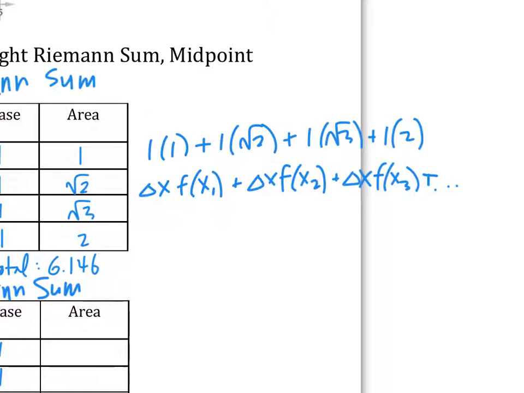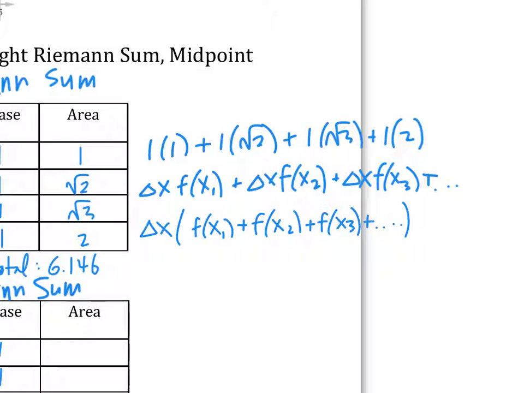So what you can do is factor out all the base, and then just take all the heights and then add them together, right? Okay, and then we're going to do some more manipulation with this formula tomorrow.